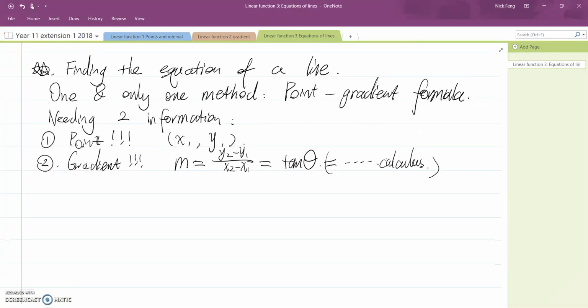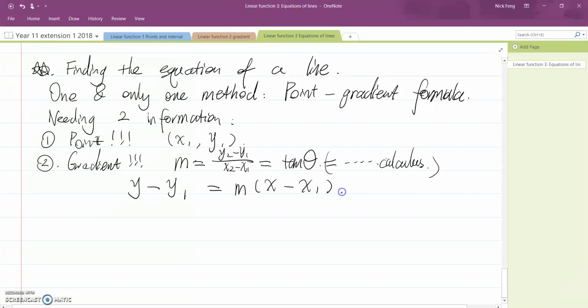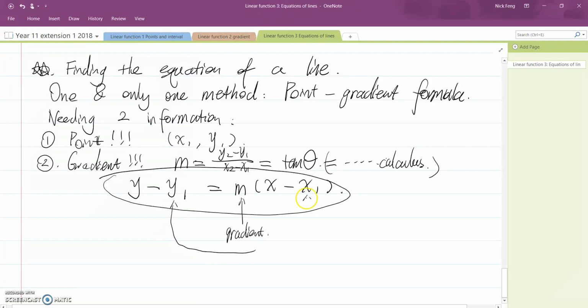Okay, girls. So now the point gradient formula is actually given by y minus y1 equals m times x minus x1. Please underline, highlight, whatever you like. This is very, very important. Look at this. The m is the gradient of the line, and of course y1 and x1 are the point.